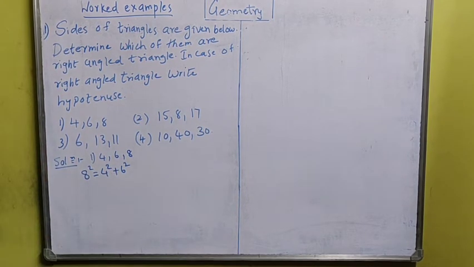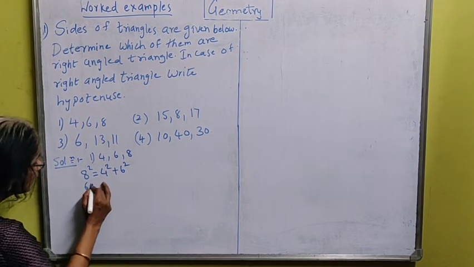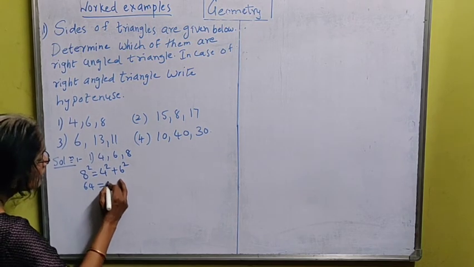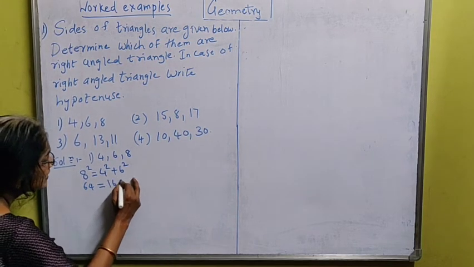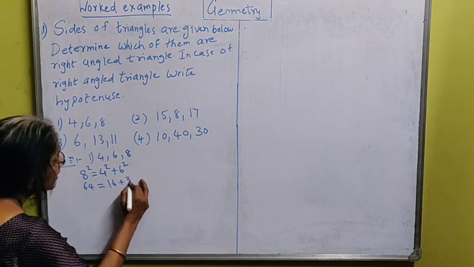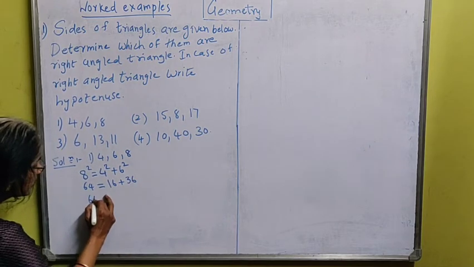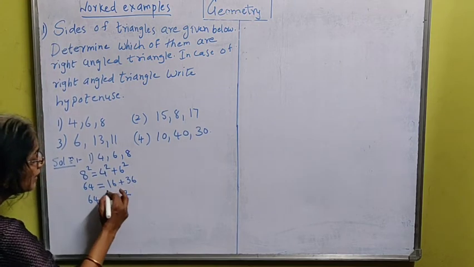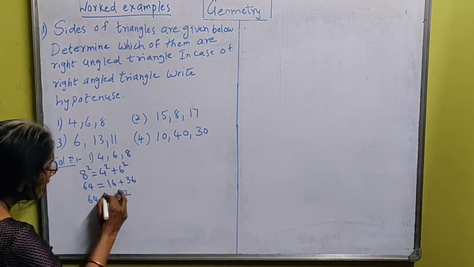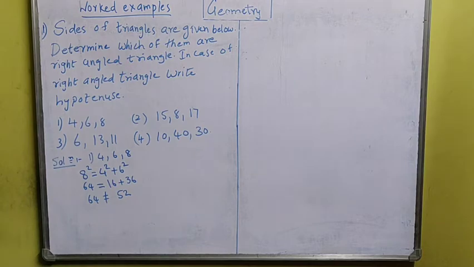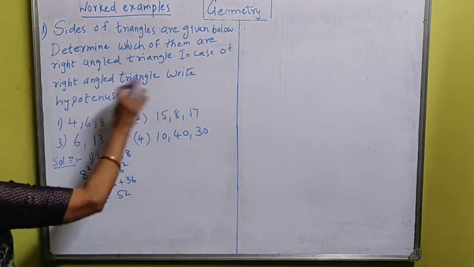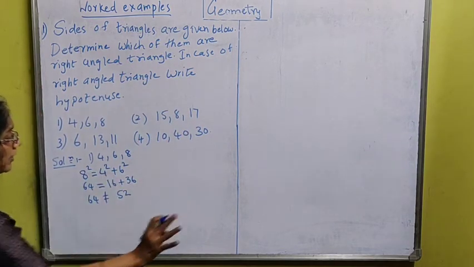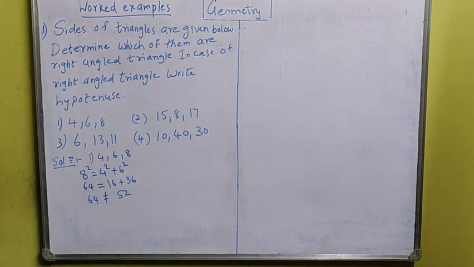What is 8 square? 64. What is 4 square? 4 fours are 16. What is 6 square? 36. Adding, 6 plus 6 is 12, 3 plus 1 is 4 and 5, so 52. So they are not equal. So this is not a right angle triangle. So we won't take this.